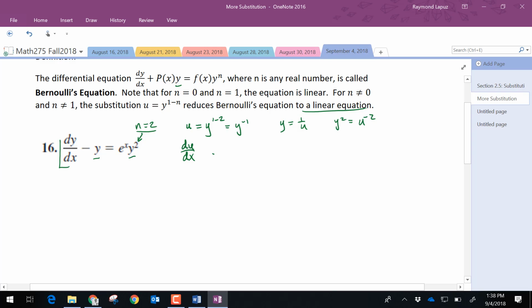We'll say du dx equal to, what's the derivative of y to the -1 power? Is it ln? No. What is it?